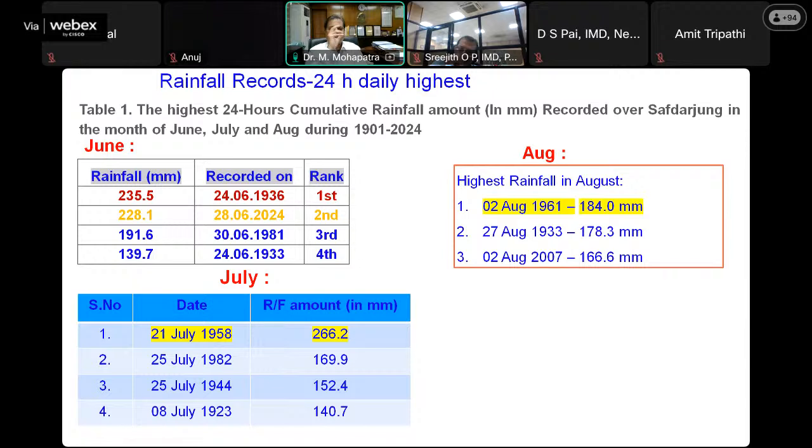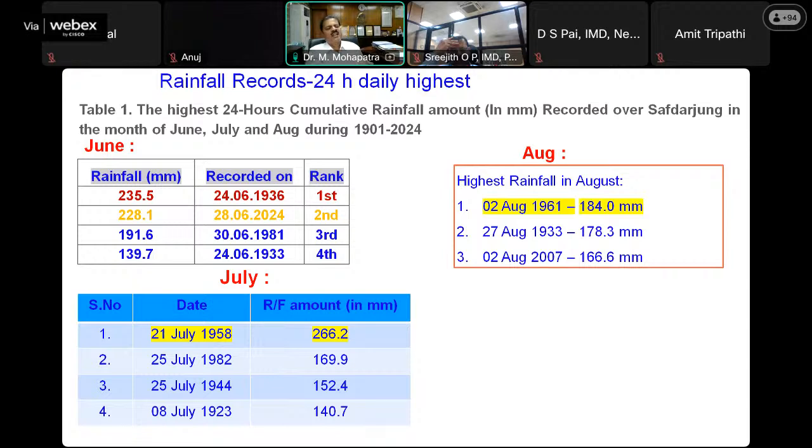That means this cumulative 24 hours rainfall in Delhi was the highest after 1936. Otherwise, in recent years, in 1981, we got 191.6. In 1933 also we got 139.7.